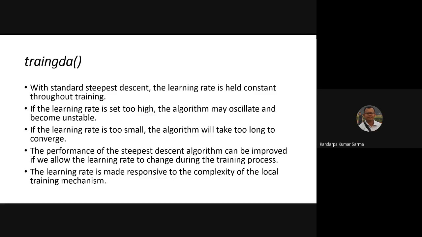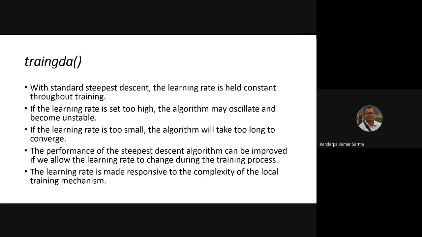And if we fix the learning rate too small, the network will take too long for the MSE convergence. Therefore, the performance of the steepest descent based training can become better if we permit the learning rate to change during the training process.